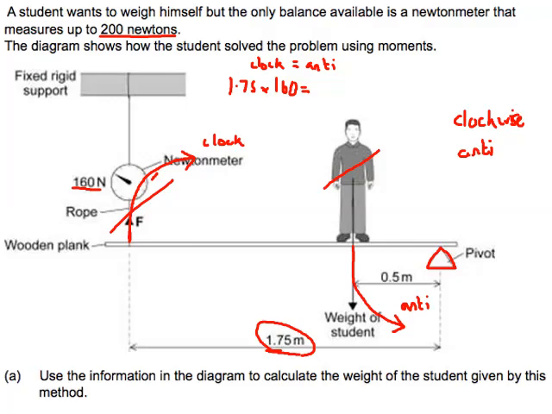For our anti-clockwise one, our distance would be 0.5. As you can see here, we've got 0.5 meters from the pivot, and we'd have to times that by the weight of the person, which we don't know. So we do weight equals 1.75 times 160, and then we divide it by 0.5. We've got 0.5 there, we want to get it down here, so we divide by 0.5.